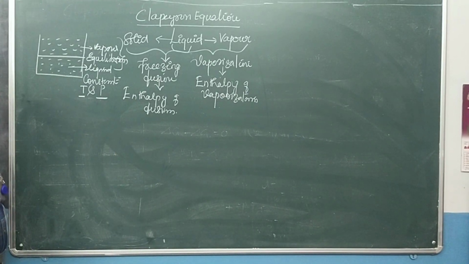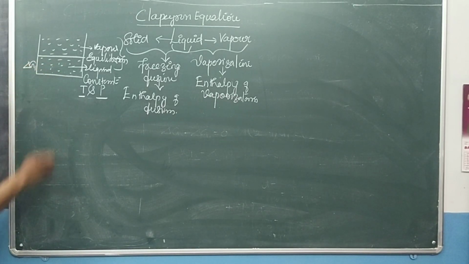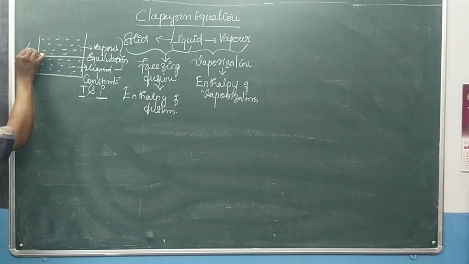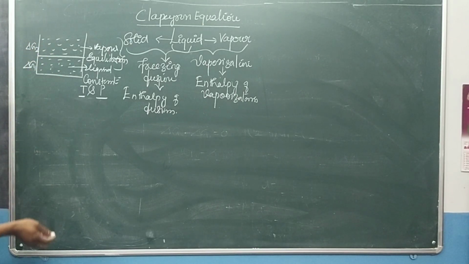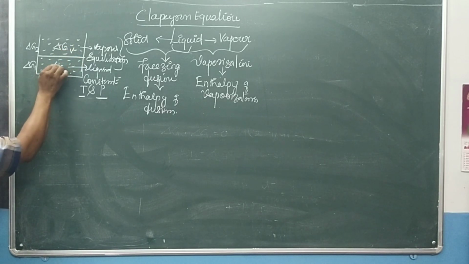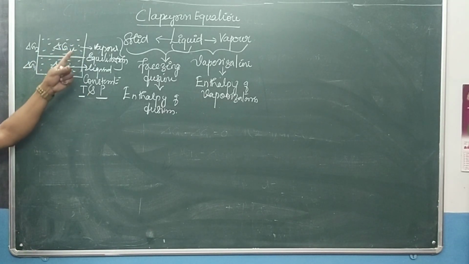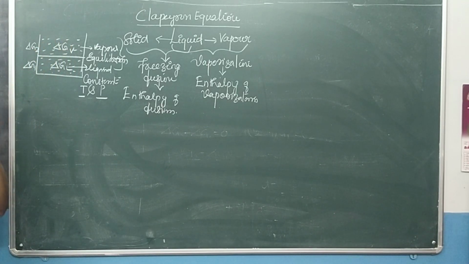The free energies of the phases: for liquid, you can write del G1. For vapor, you can write del G2. Or you can write del G vapor, similarly del G liquid, whatever it may be. Now I am going to calculate the change in free energy.